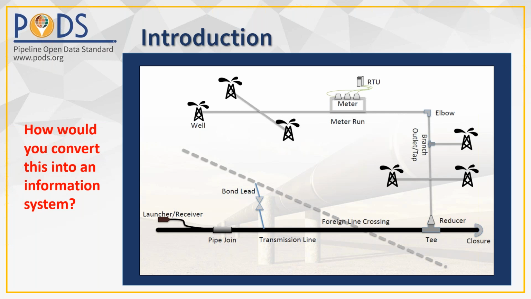But first, let's go back to this graphic for just a second. What do you see? You certainly see pipelines, associated equipment, and other assets, but what kinds of assets? Are they production assets, monitoring assets? Are they marketing and sales assets, transmission assets, mechanical, and so on?